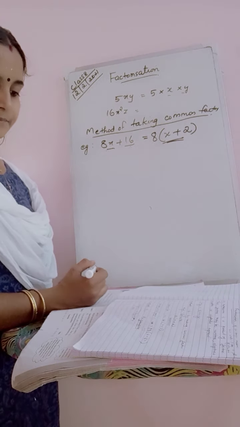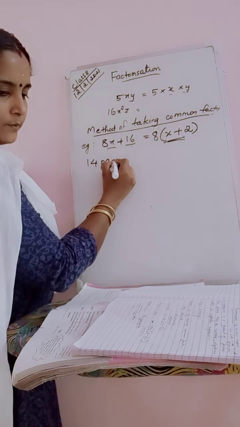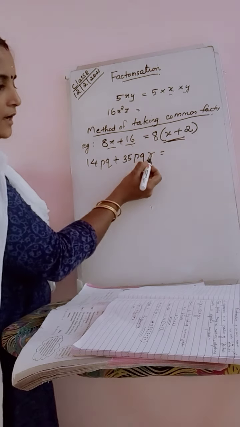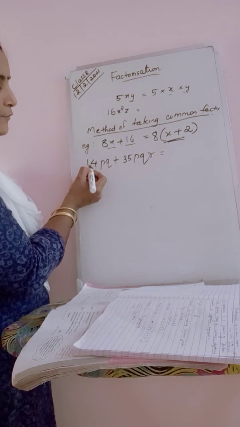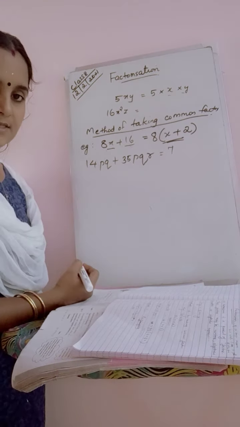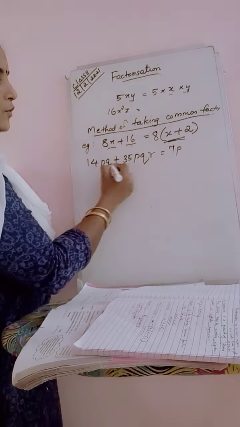Then another example, 14pq plus 35pqr. Here we have 3 variables, but here we have only 2 variables. And from 14 and 35, which is the common factor? 7 is a common factor. Then p is common, q is also common.